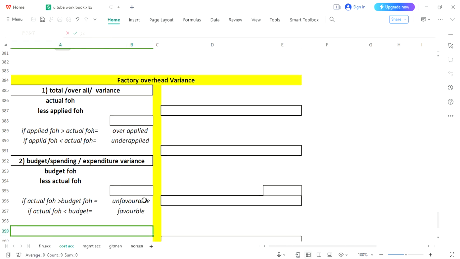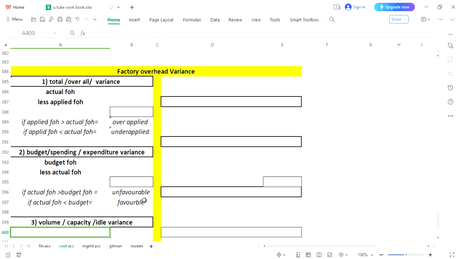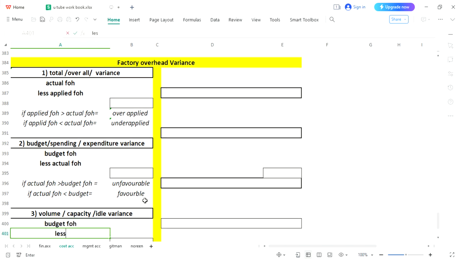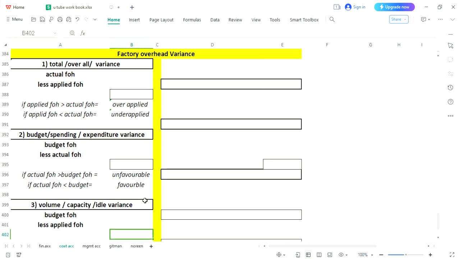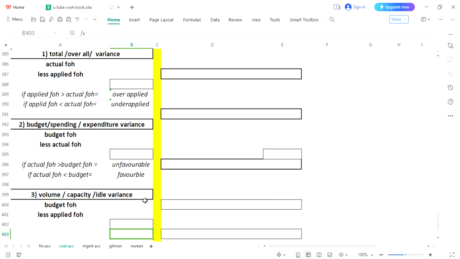budget variance. Then the third variance is the volume, capacity or idle variance, which is the relationship between budget and applied. So you will write budget FH first and then applied FH would be mentioned over here. Finally, at this stage you will calculate the variance, which is the difference between budget and applied FH. The next step is to conclude by focusing upon your budget FH.